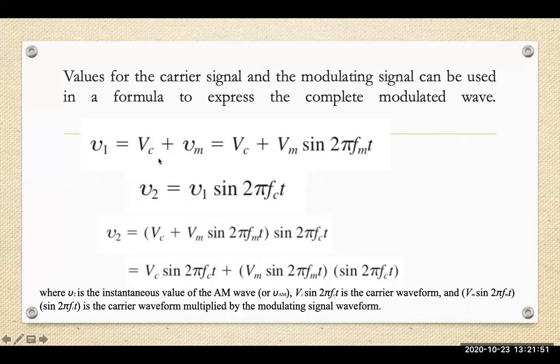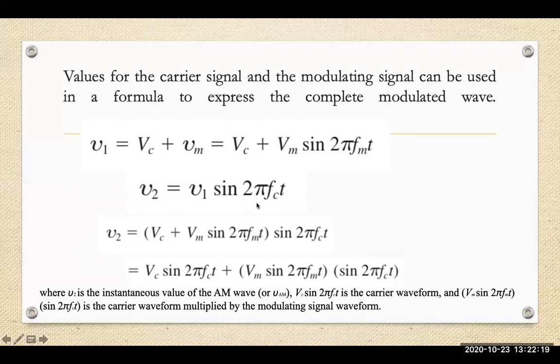Okay, yung V sub 1 is equal to the sum, okay, carrier tapos instantaneous na value ng modulating signal natin. Or this V sub m, based on sa formula natin kanina, is equal to the peak value of the modulating signal times sine 2 pi frequency ng modulating signal times time.